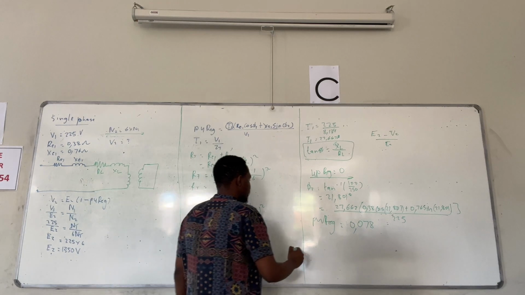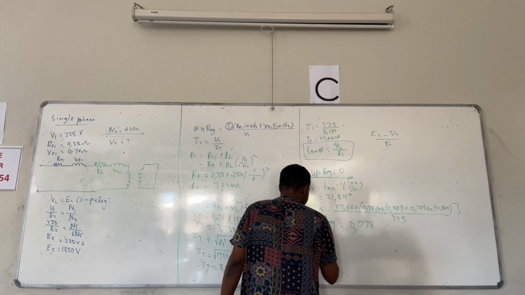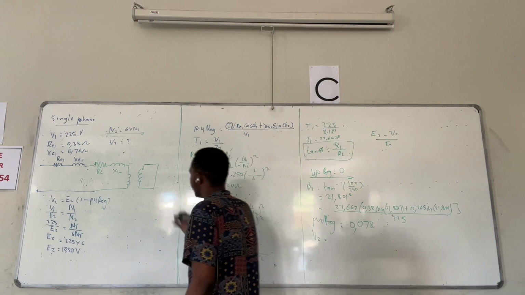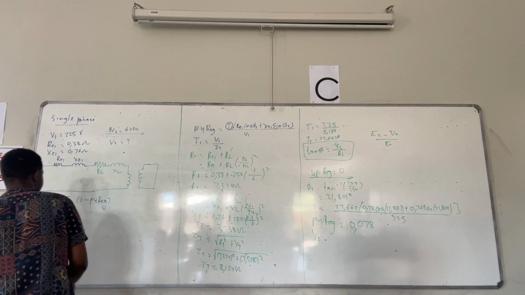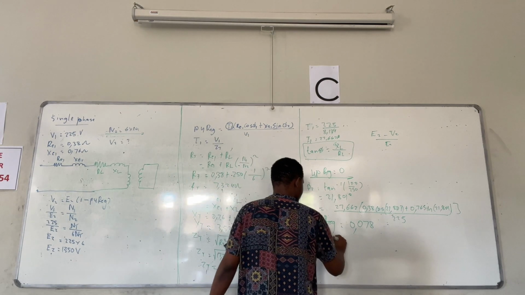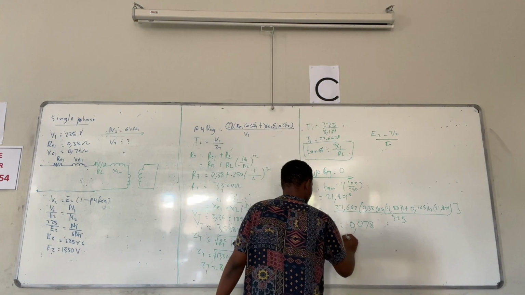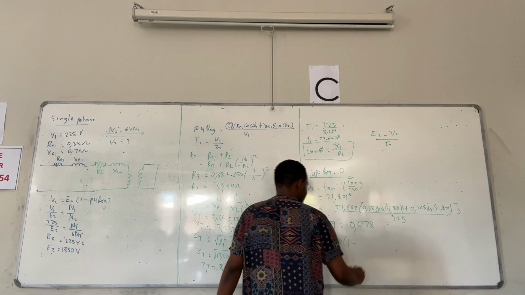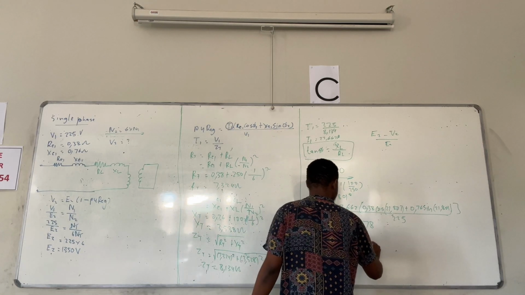So V2 is basically E2, which is 1,350, and open brackets 1 minus 0.078.